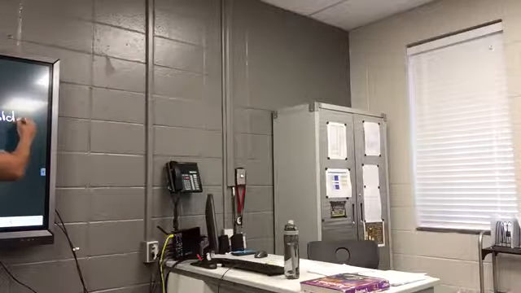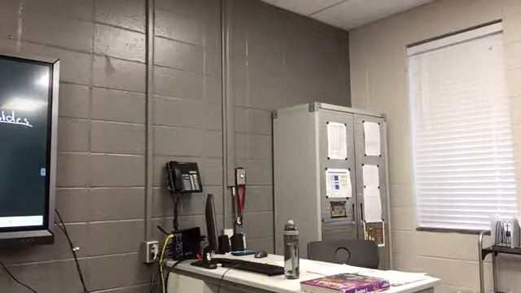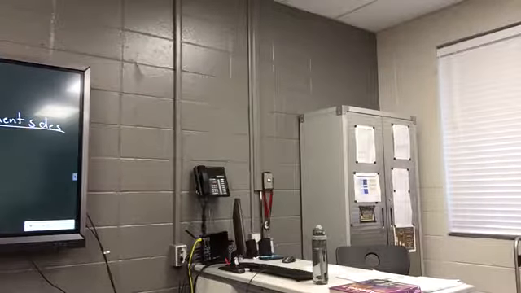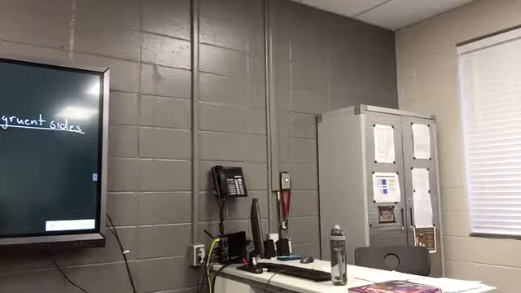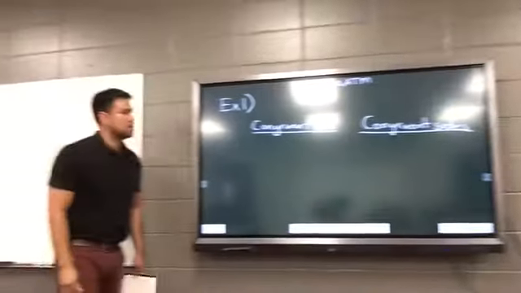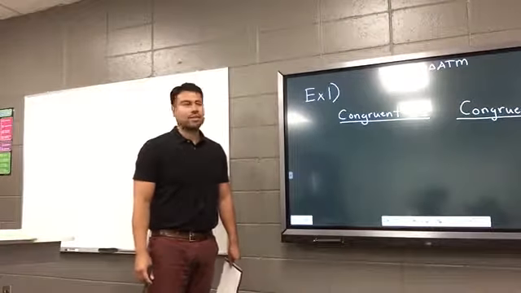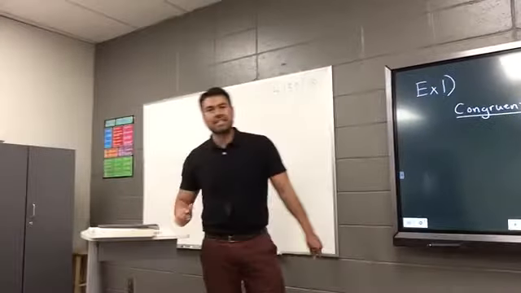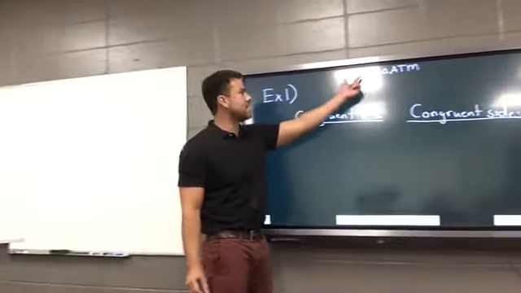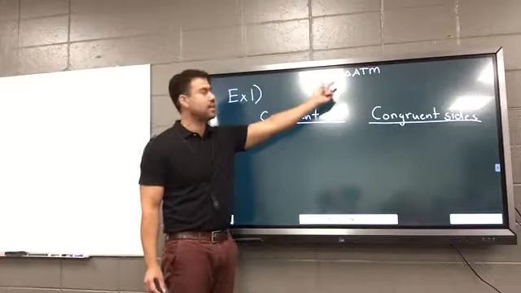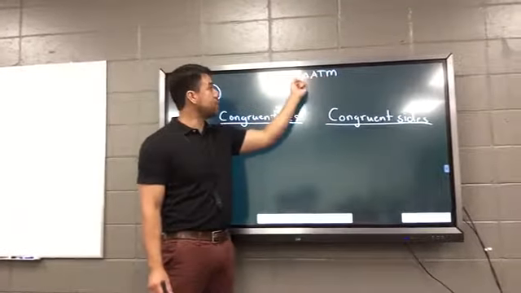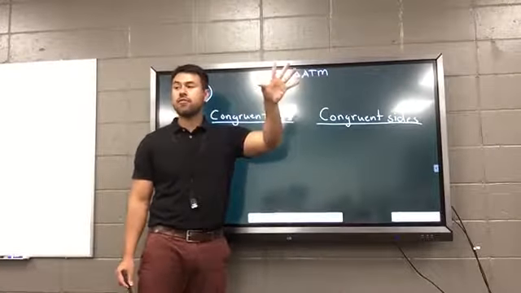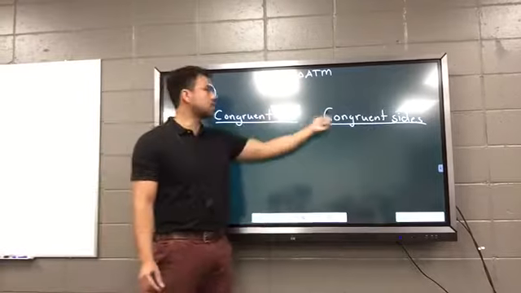And there's no abbreviation for sides. Okay, we didn't need the drawings. We just needed the name. Do you guys see the name? Triangle COD, triangle ATM, and they're congruent. They gave me all the info I needed to get the congruent angles and the congruent sides.